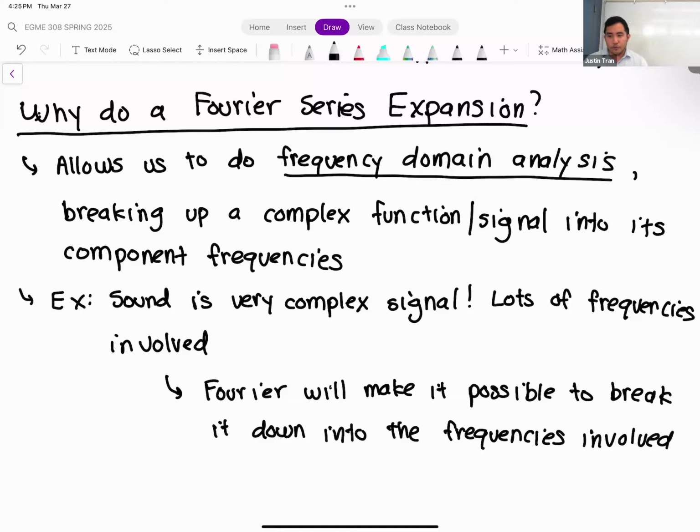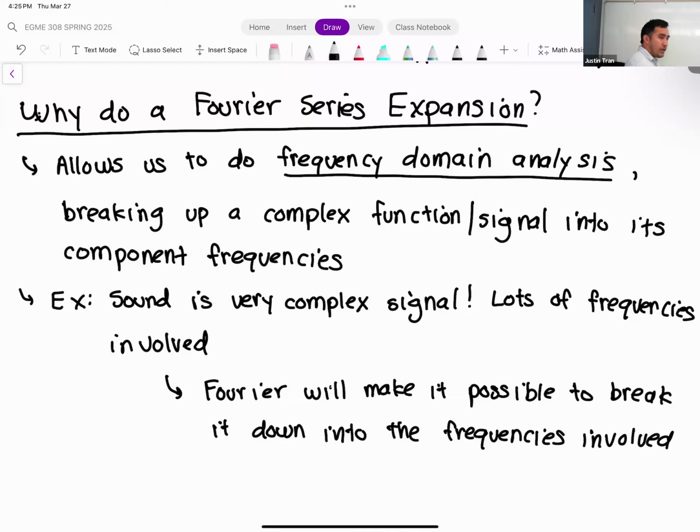Through Fourier series analysis, you can take any complex sound or any complex signal and break it down to see which frequencies are involved. And you can even go a step further.